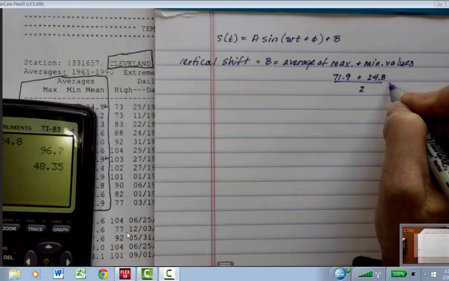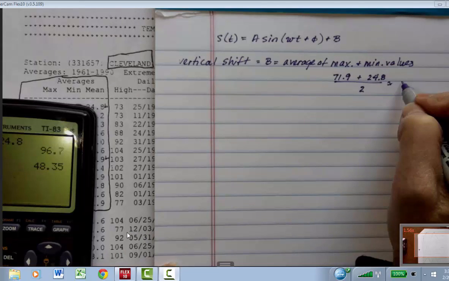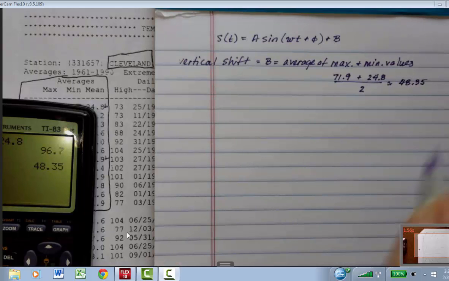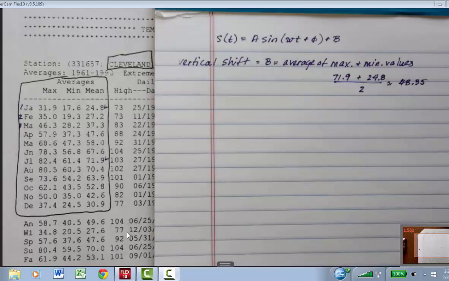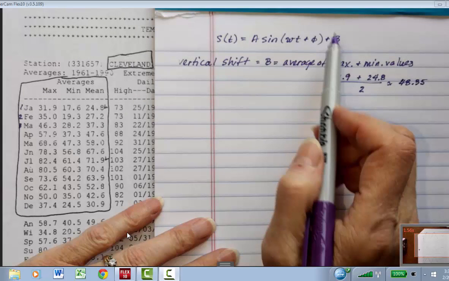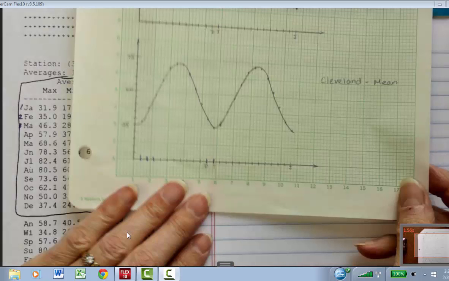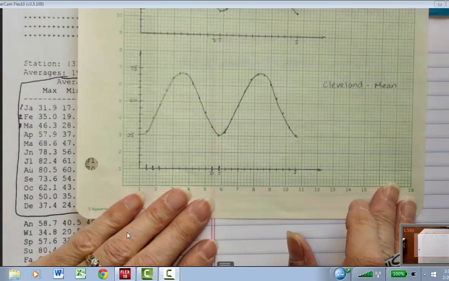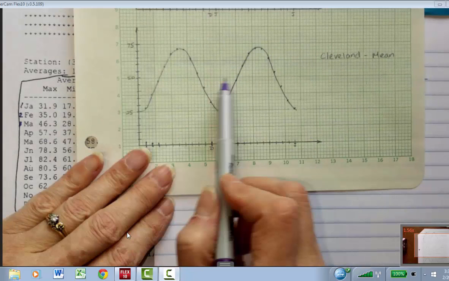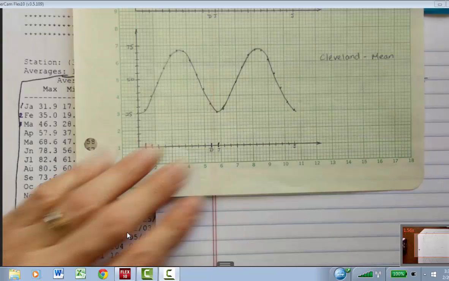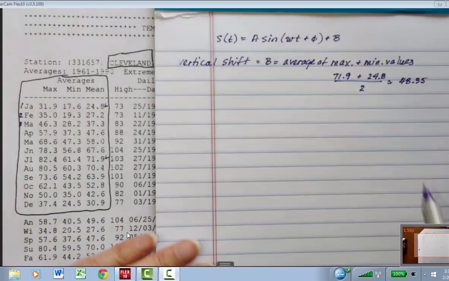And my average ends up being 48.35. So that's going to be my B value when I write my equation: 48.35. And remember when we were looking at the graph before, we said it looked like right around 50 would be where my vertical shift is. And 48.35 is pretty darn close.